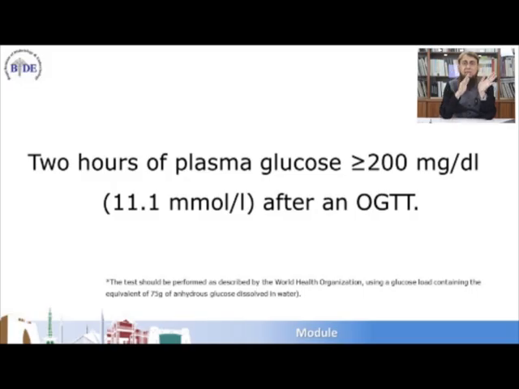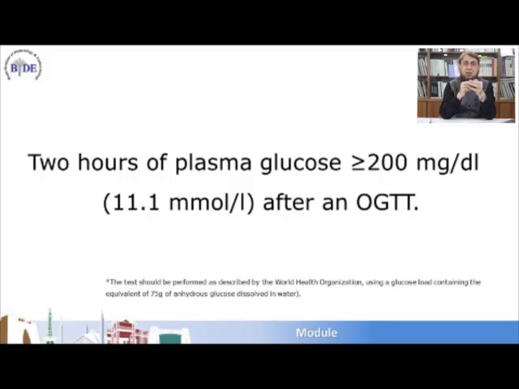Now, on the other side, if someone is in the postprandial state, that is, if he or she has taken a meal, or if a 75 gram glucose load is given after fasting and the level is more than 200 milligrams per deciliter, then it is called hyperglycemia or diabetes in the postprandial state.